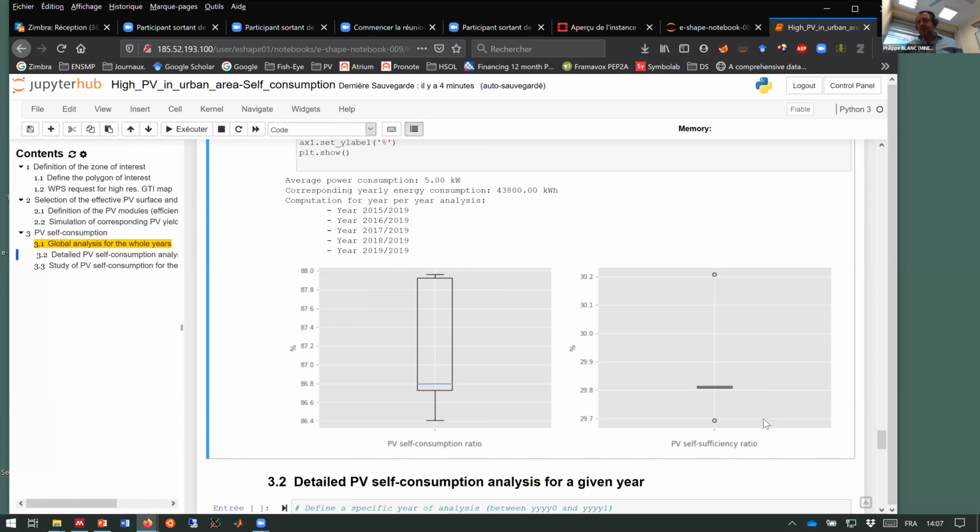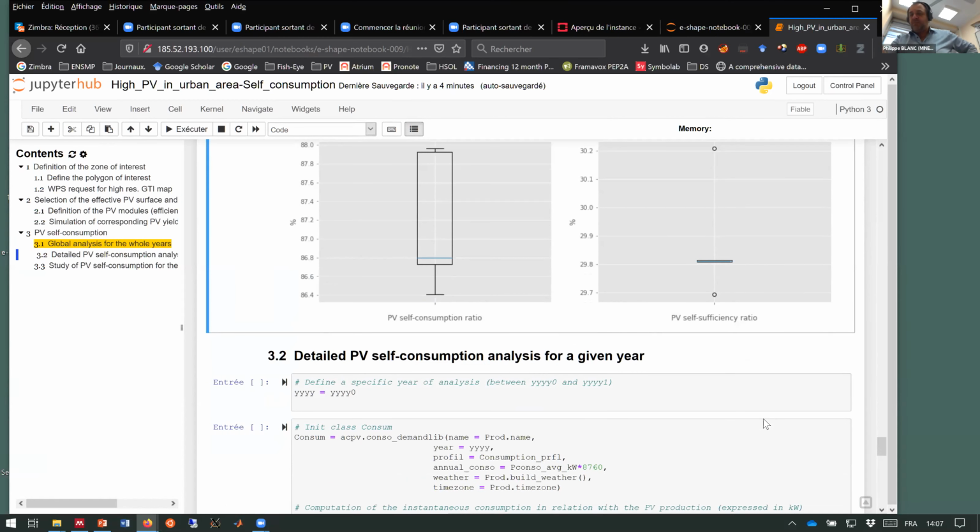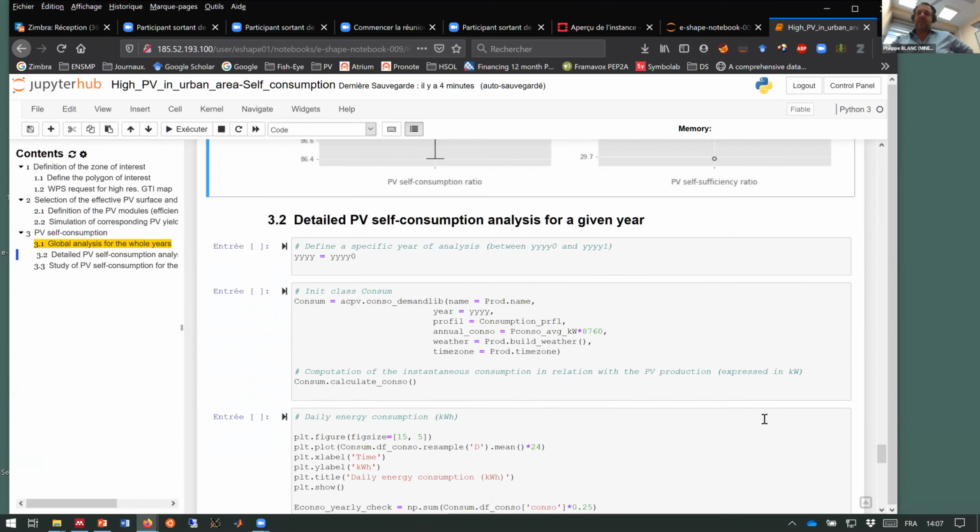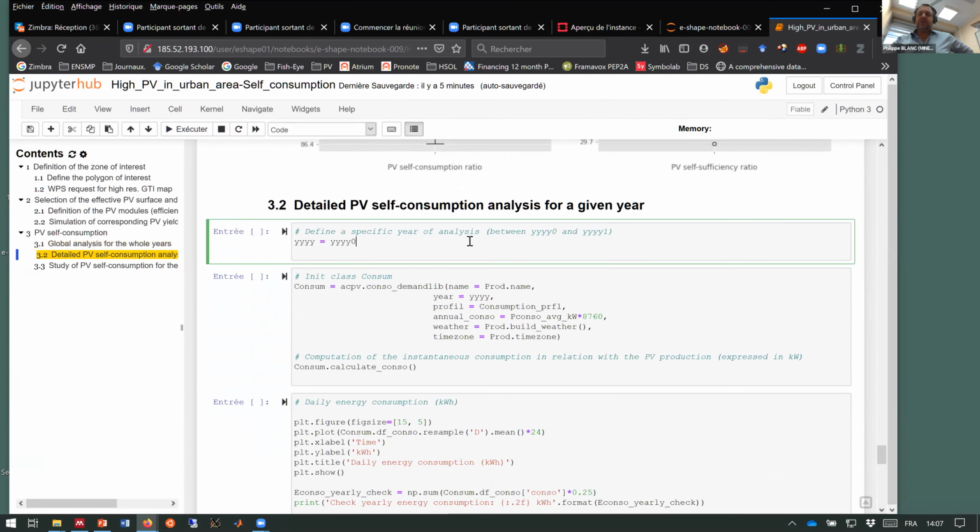So at a glance, you can see the efficiency of the PV self-consumption compared to your consumption. You can now get a detailed analysis for one given year.